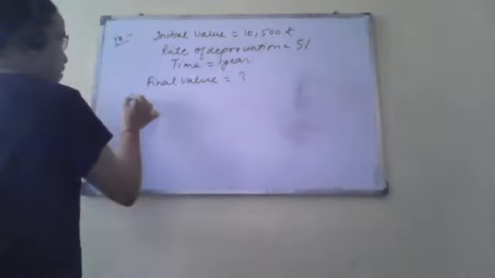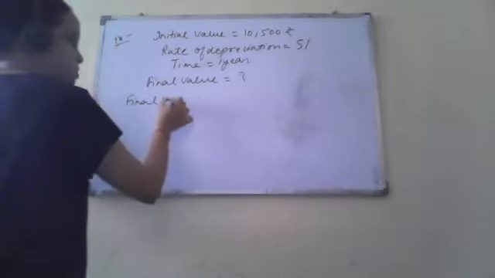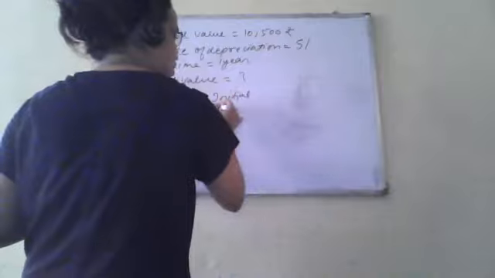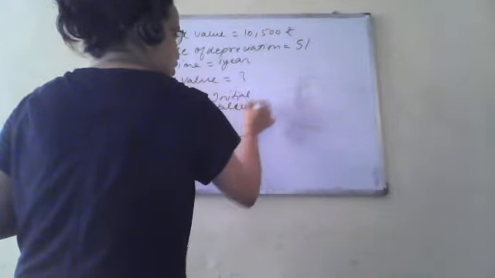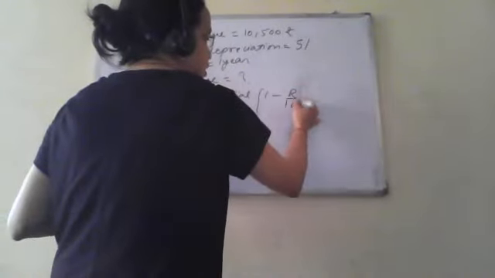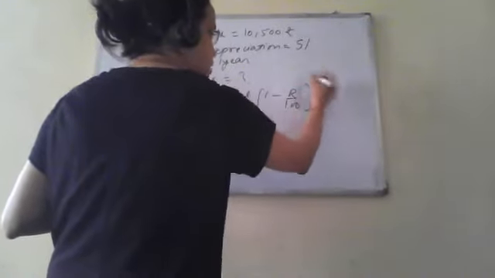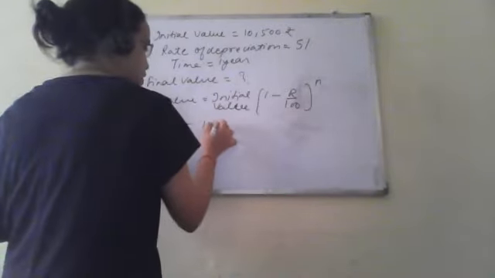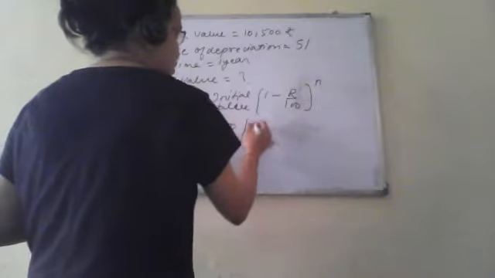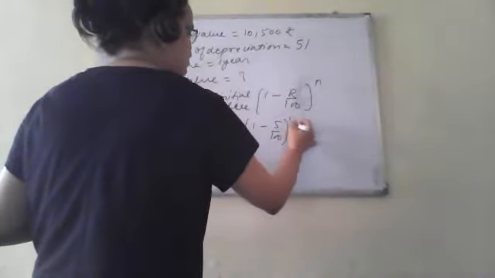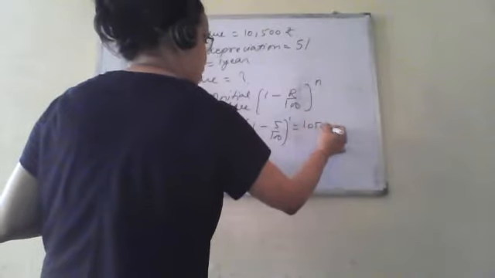So what was the final value? As per the formula, it is initial value into 1 minus, because there is depreciation, the value is decreasing, r upon 100 to the power n. n is 1. Initial value was 10,500. So 1 minus 5 upon 100 to the power 1, into 10,500.